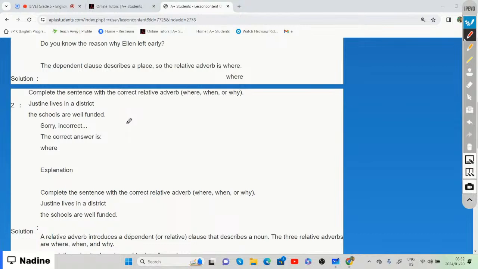So basically, if we ask ourselves where, when, and why, then we can say Justine lives in a district where the schools are well funded.